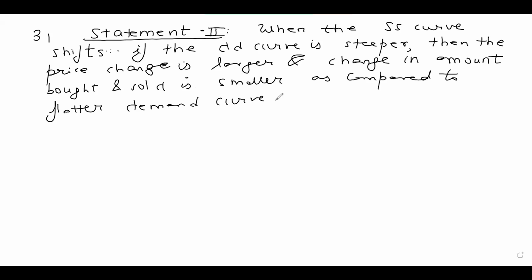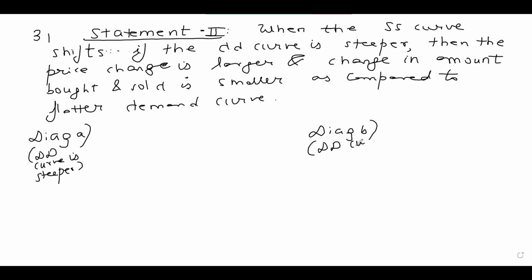Let me show whether the statement is true or false. Let's draw two diagrams, diagram A and diagram B. In diagram A, we assume that the demand curve is steeper. And in diagram B, we assume that the demand curve is flatter.